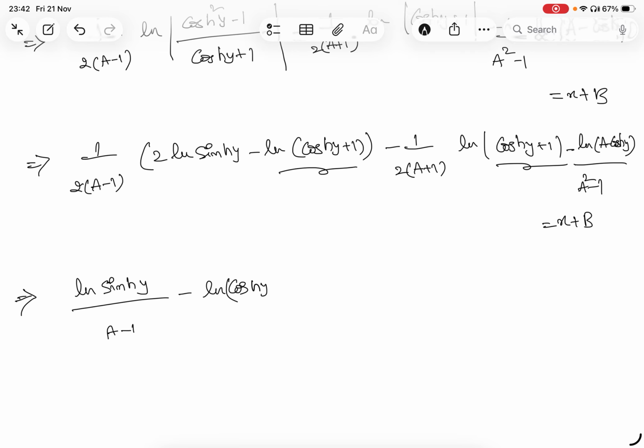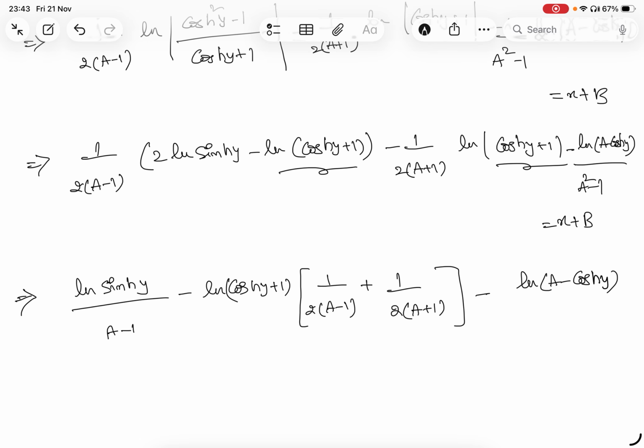Ln of cos hy plus 1. So you are left with 1 by 2a minus 1 by 2 into a minus 1, right? Plus 1 by 2 into a plus 1. Fine. These terms are gone, and you are left with minus of ln a minus cos hy by a square minus 1 equal to x plus b.